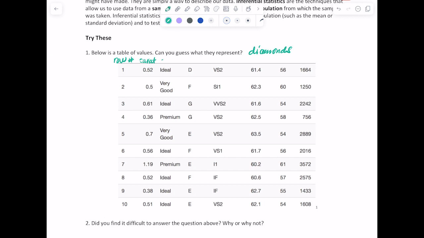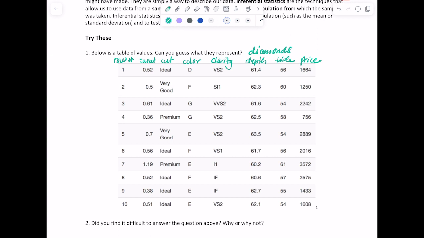And then the cut, the color, the depth, and the next one, this is clarity, depth. And then we have a table, the table that this information was taken from, and then the price.